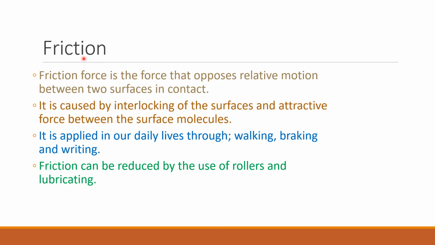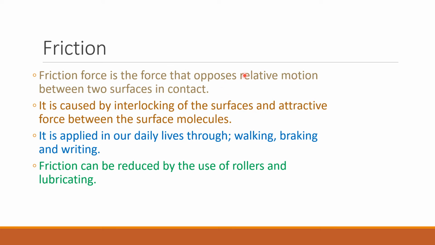Friction. Friction is the force that opposes relative motion between two surfaces in contact. When we say friction, for example, when we are walking, when we are braking, when we are writing, we apply friction. Friction force opposes motion.